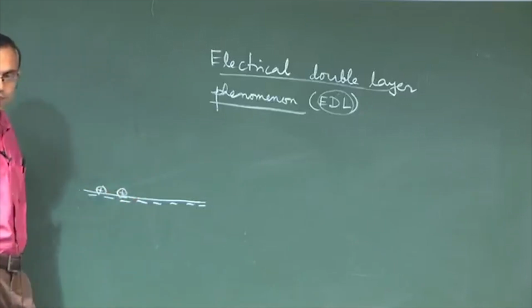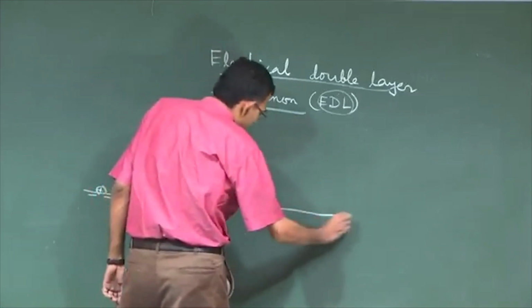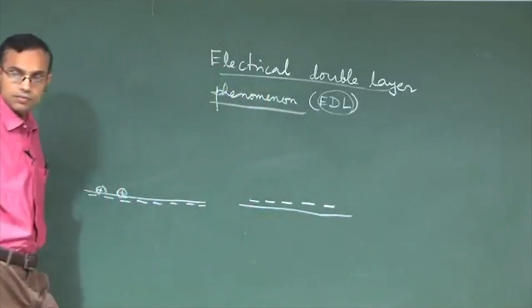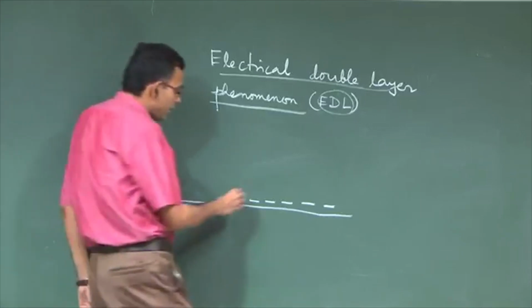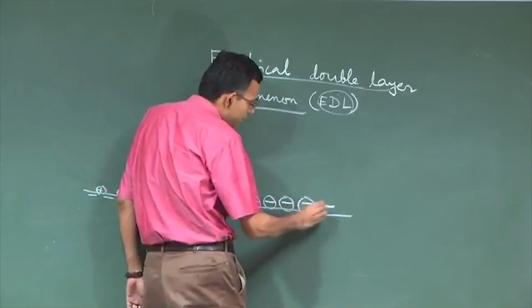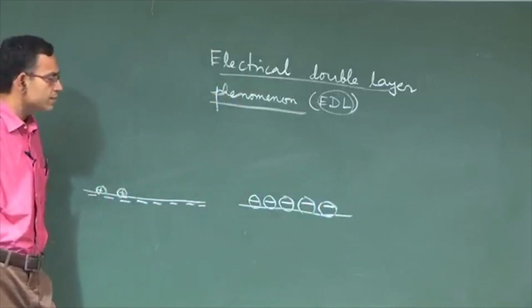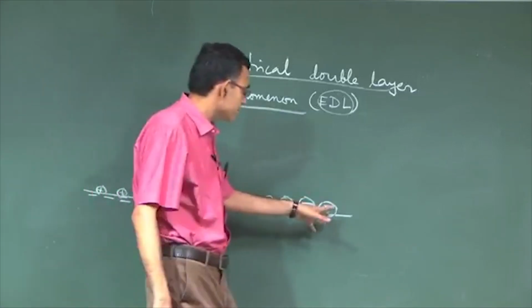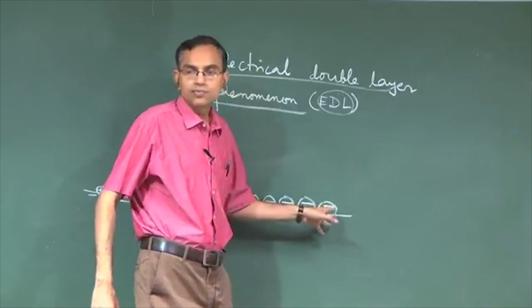So, the surface in effect will have a net -5, and you have a layer of ions adsorbed on the surface, and this is called the Stern layer. There is a fixed layer of ions on the surface, and this does not move.